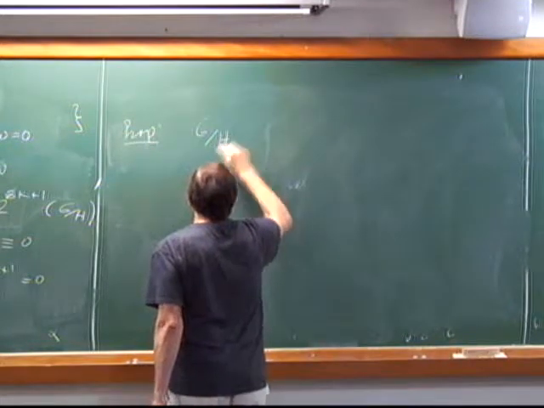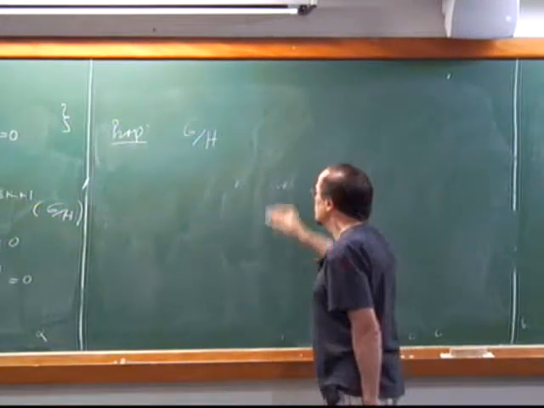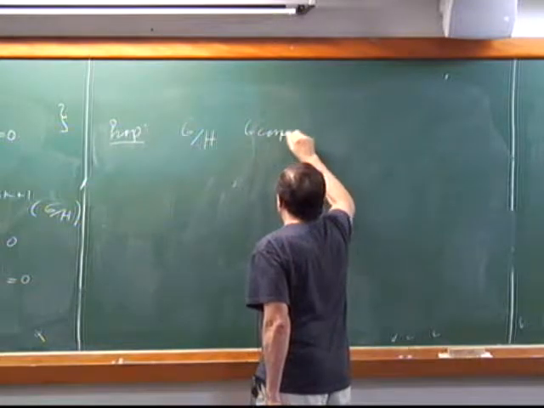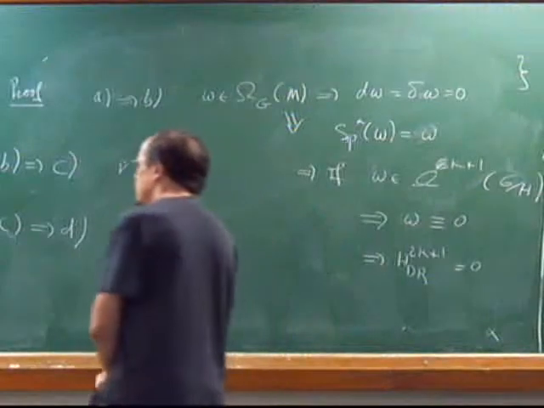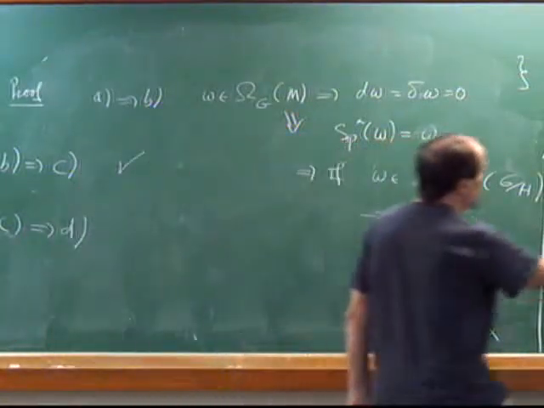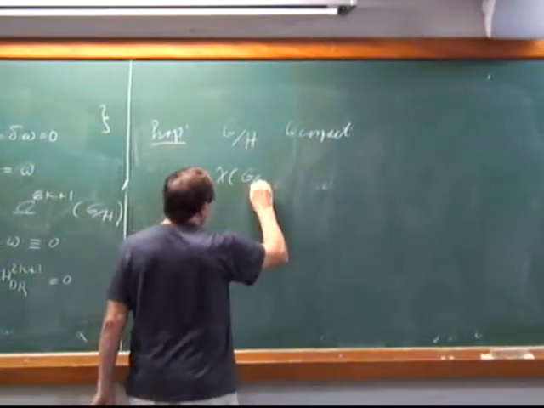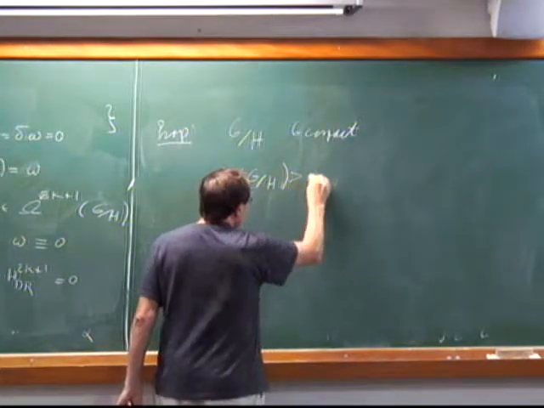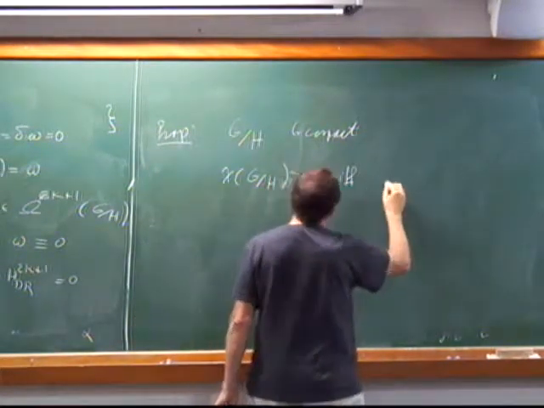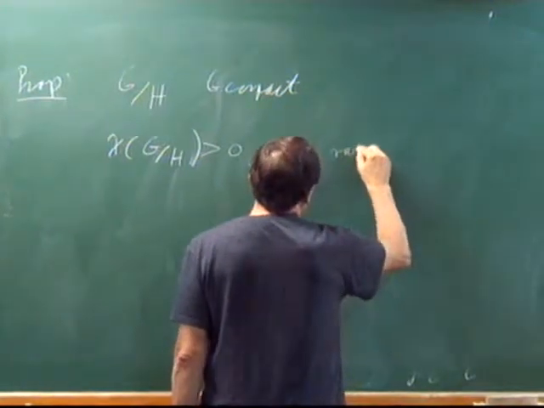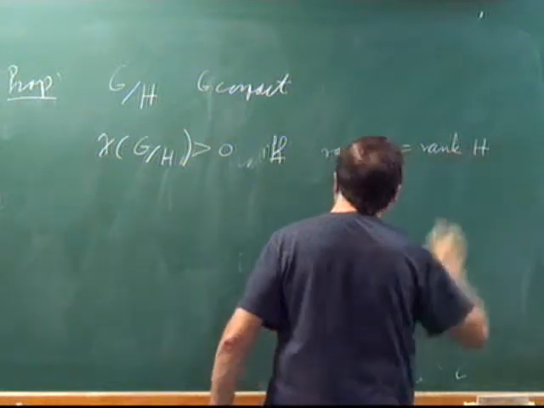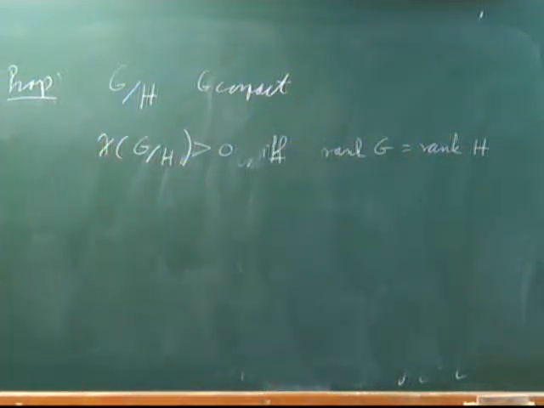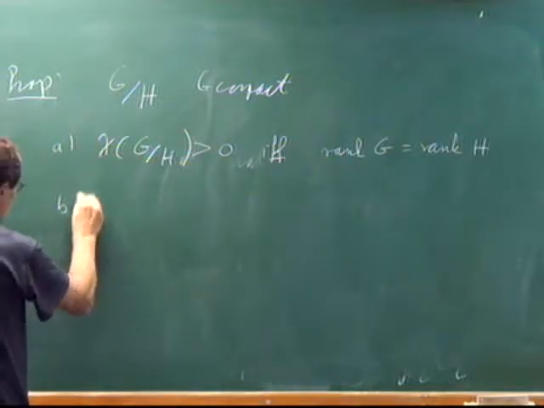So I look at a homogeneous space G mod H, where G is compact. And this claim is the following, that the Euler characteristic of G mod H is positive if and only if the rank of G is equal to the rank of H. In fact, there is even a stronger statement, which is more difficult to prove, so I just want to mention it.